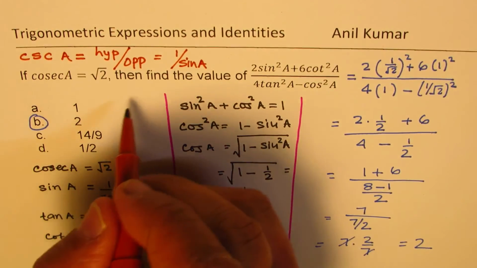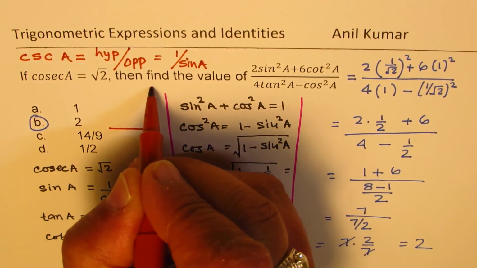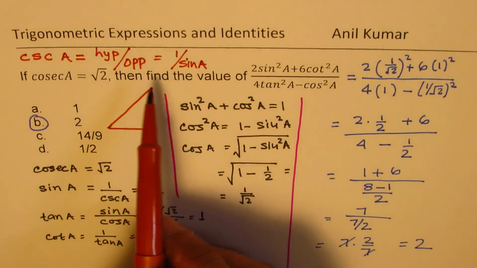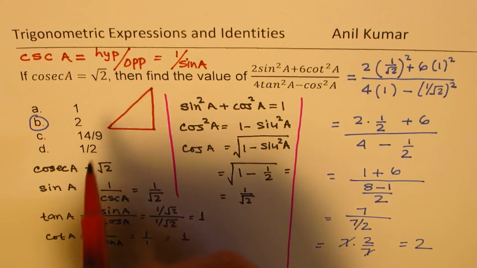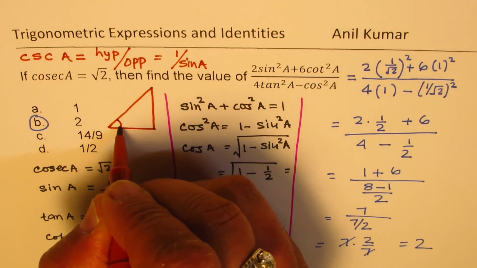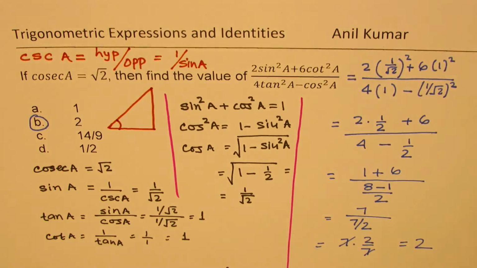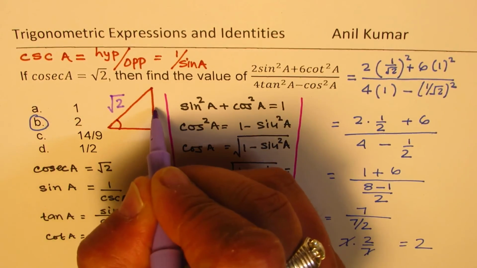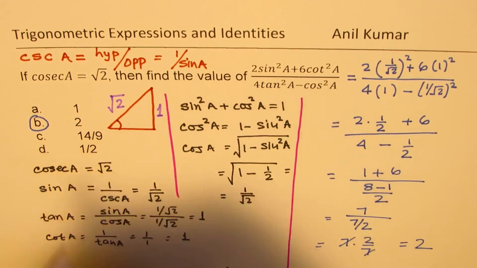So what you could do here is sketch a triangle, right? And in this particular triangle, you are saying that the ratio of hypotenuse to the opposite side is square root 2. That is to say, this is square root 2 and that is equal to 1, correct?